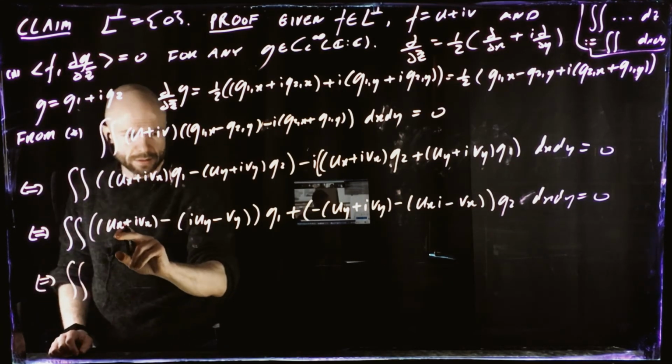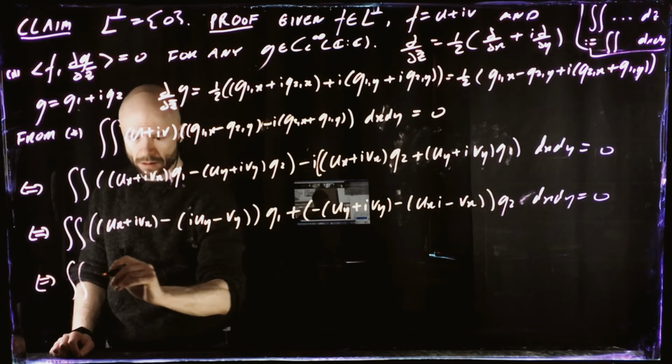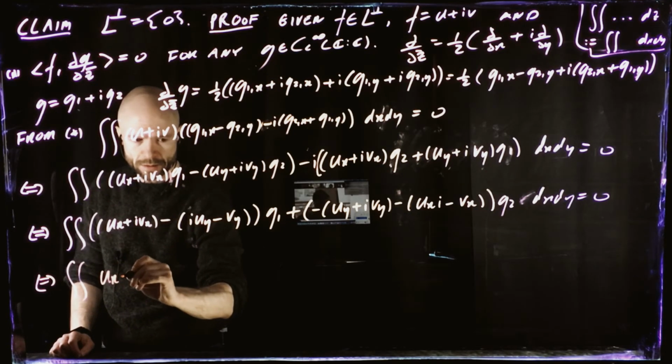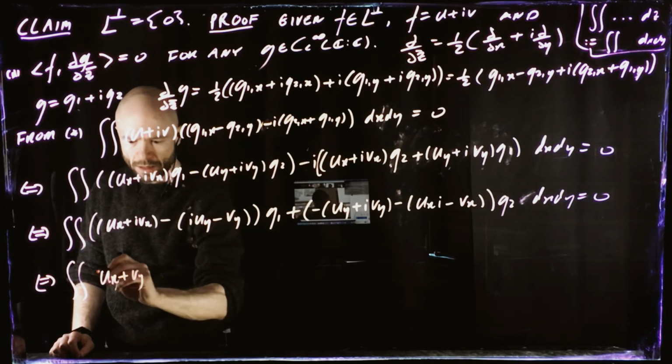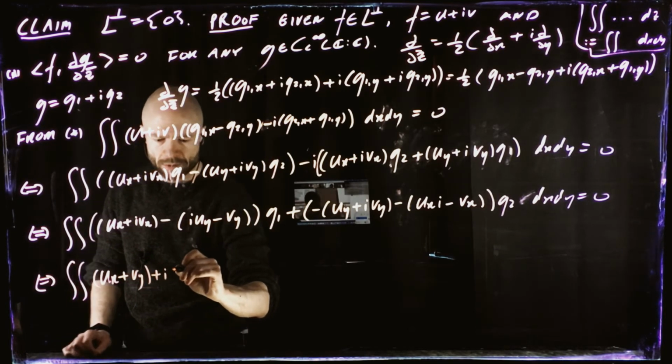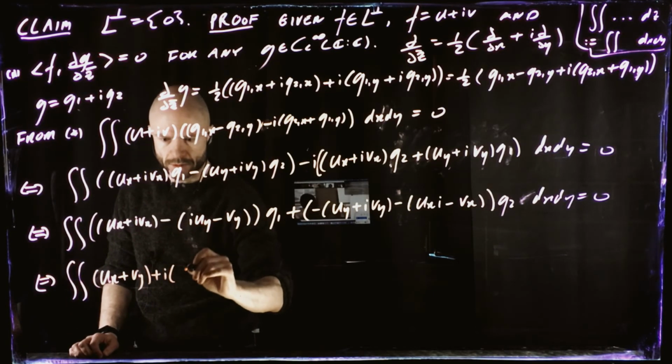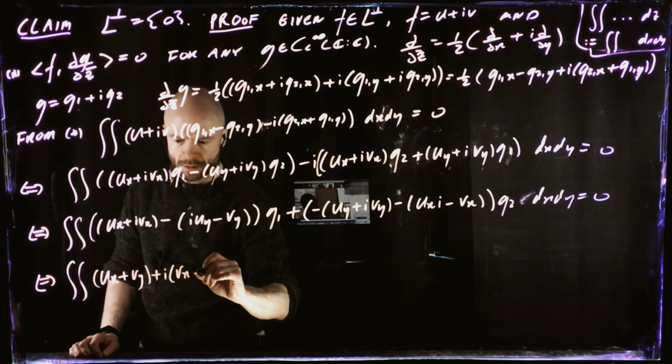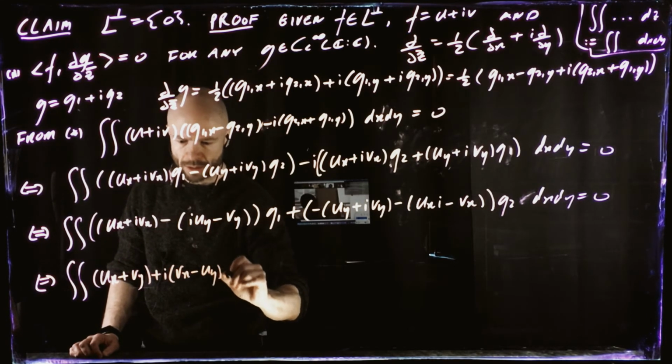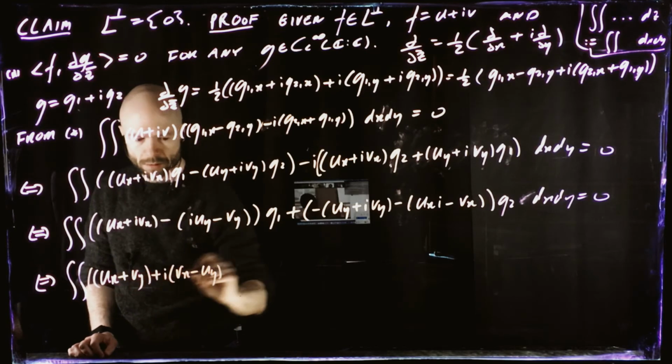Then the real part is this minus this, so u of x plus v of y, and then the imaginary part of this, so v of x minus u of y, times g1.